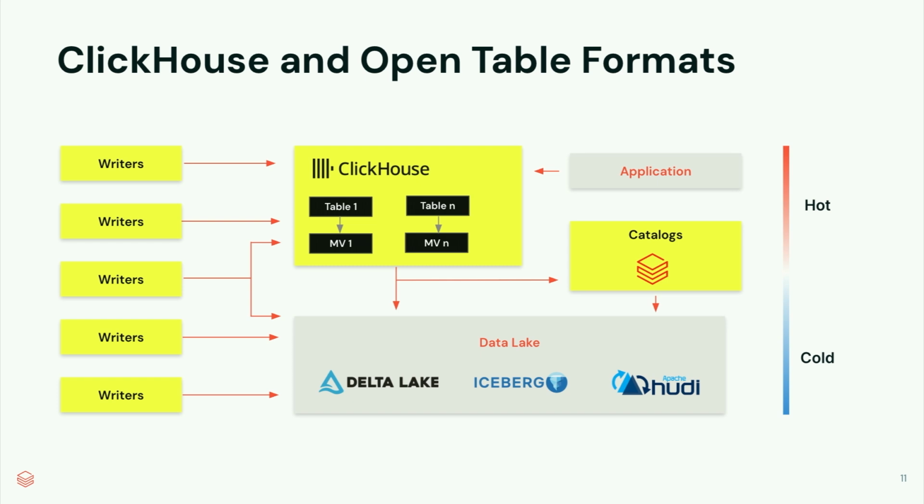Some people do dual writes, so they insert both into ClickHouse and into their Iceberg table, or Delta table, or Hudi table, or Parquet files. And then they have a specific TTL policy for the data in ClickHouse. So maybe after 2 or 3 weeks, the data in ClickHouse gets removed, and they keep the data in Delta or Iceberg for 1 year, 6 months, depending on their requirements.